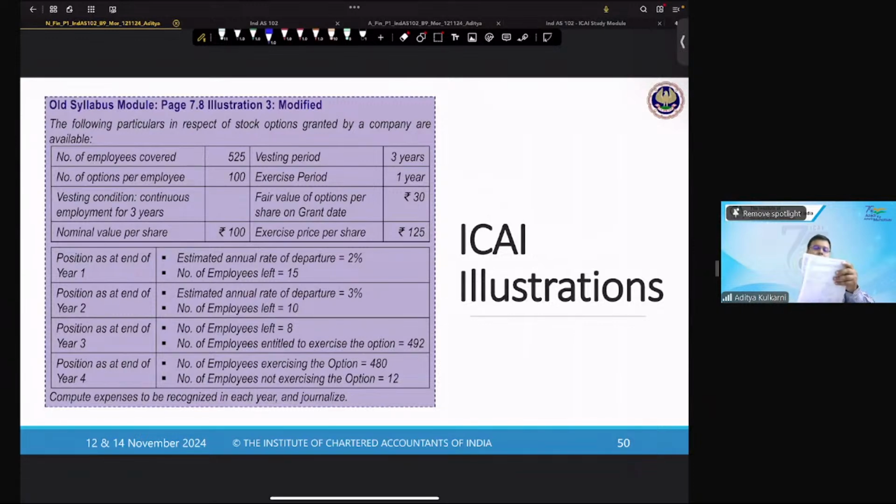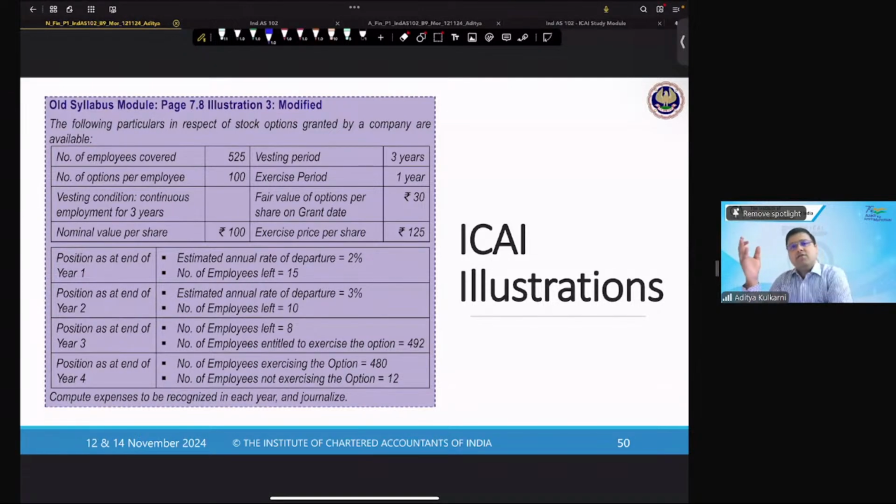Next one is, okay, this is an interesting one. In fact, this is there in your earlier module, in the old syllabus. Okay, if we talk about the old syllabus, this is from when we had studied.